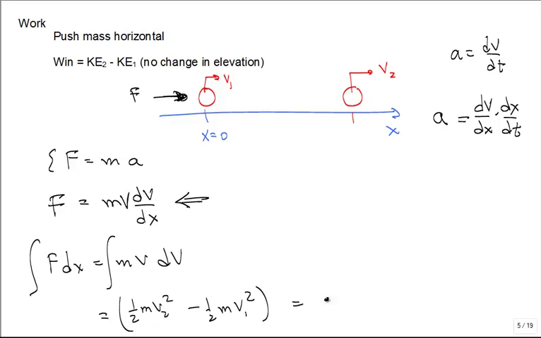Somehow the kinetic energy changed. Somehow the final kinetic energy KE2 in the way I'm presenting it is greater than KE1 because I'm pushing to the positive x on the object as it's going. True? What do we call this over here, this integral F dx? It's work.